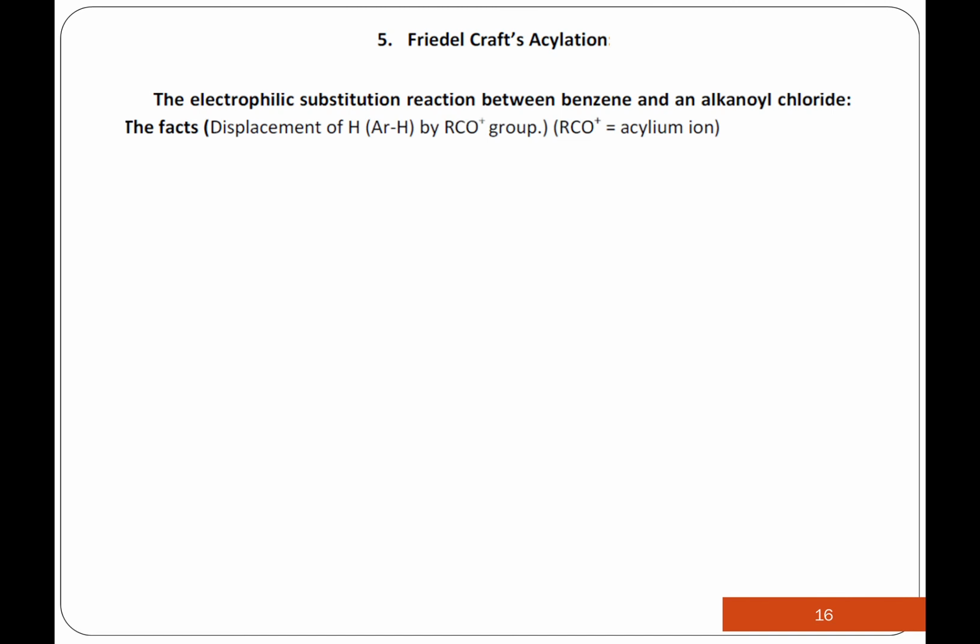A similar type of reaction is Friedel-Crafts acylation. Only difference is the species is, instead of an alkyl group, an alkanoyl group or acyl group. So acylium ion is the electrophile which replaces one hydrogen.